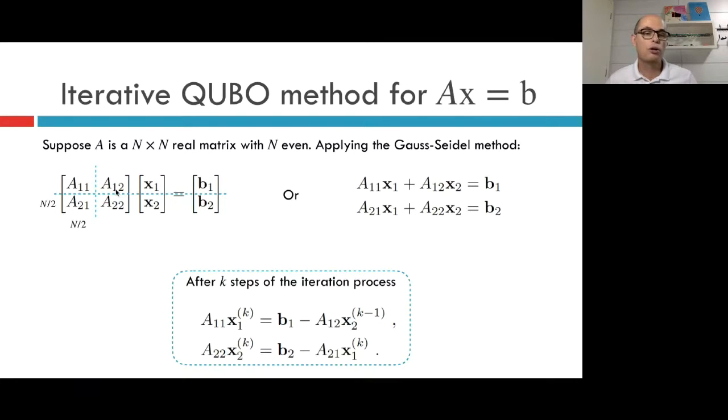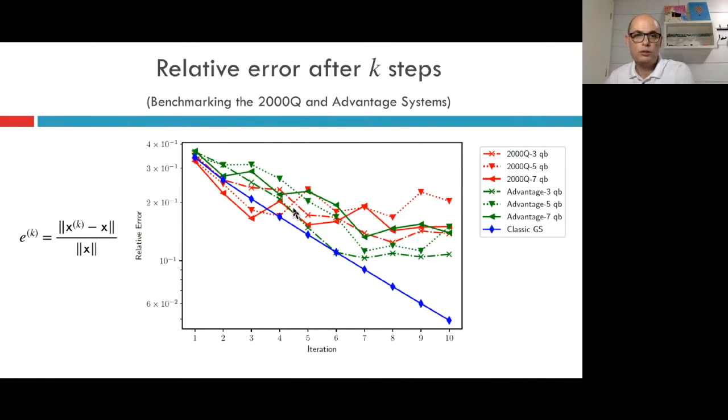Why? Because now you need to solve smaller systems of linear equations. Okay, that's the idea. So we split the system with 81 variables into 9 smaller blocks. And the results that we are finding using this approach are here. In the vertical axis, we plot the relative error as a function of the number of iterations.